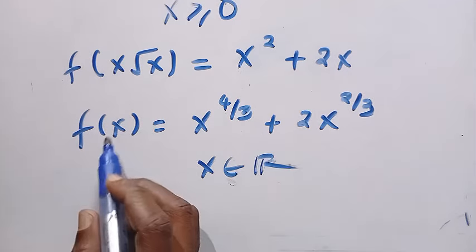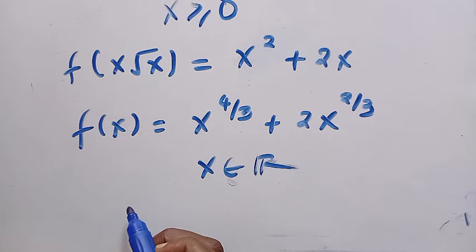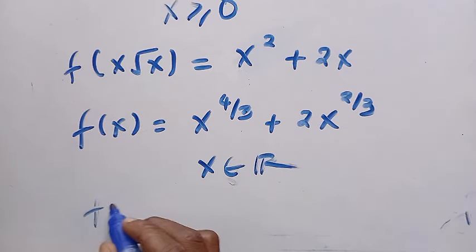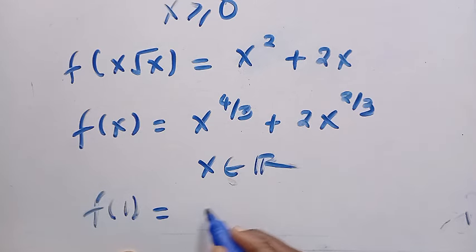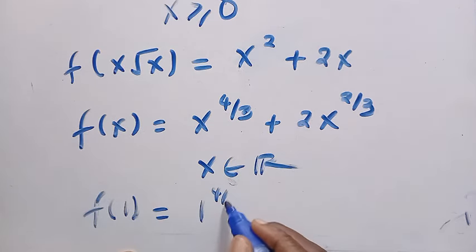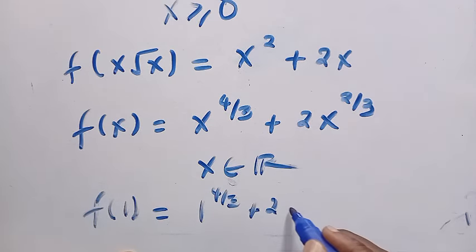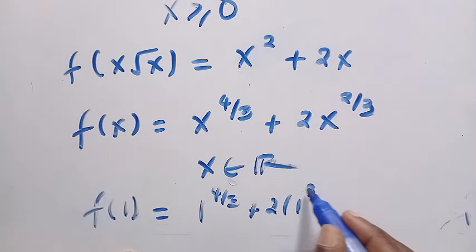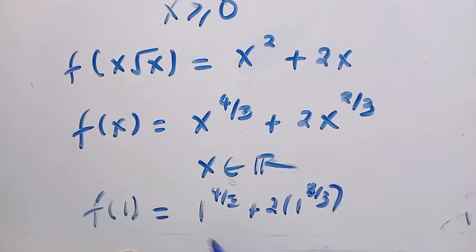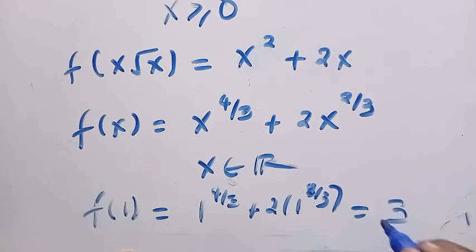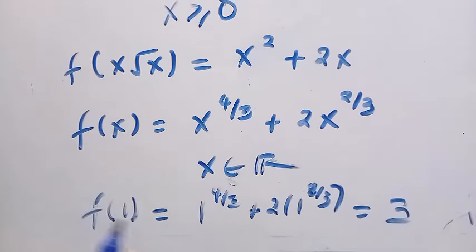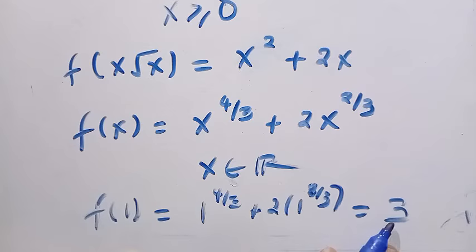For instance, if I substitute x equals 1, we are going to have f of 1 equals 1 raised to power 4 over 3 plus 2 into bracket of 1 raised to power 2 over 3. By this, we see that the result equals 3. So if you plug in f of 1, we are going to have 3.